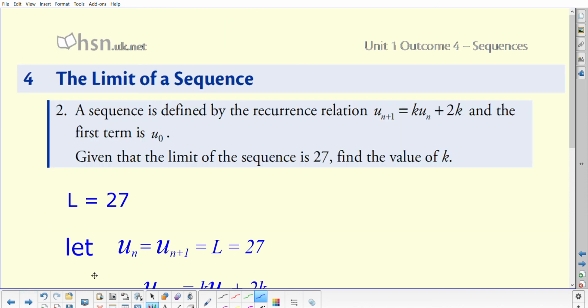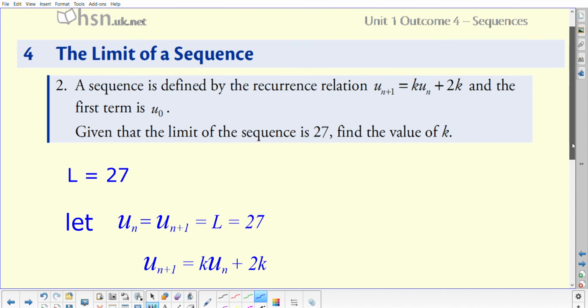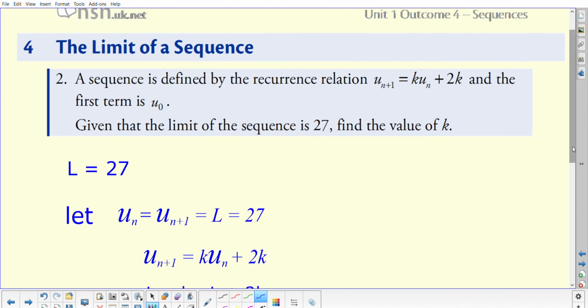So last question. This one's a wee bit different. A sequence is defined by this recurrence relation here. There are some missing coefficient terms in it, and given that they tell you the limit, you're asked to work out the value of that k number.